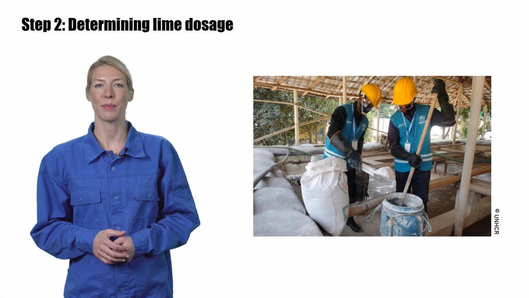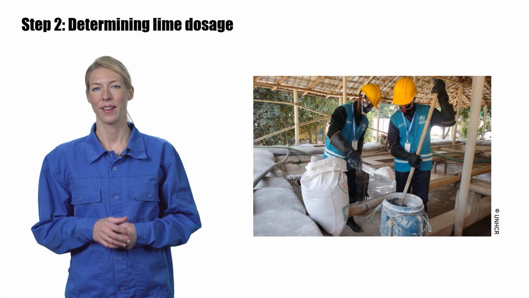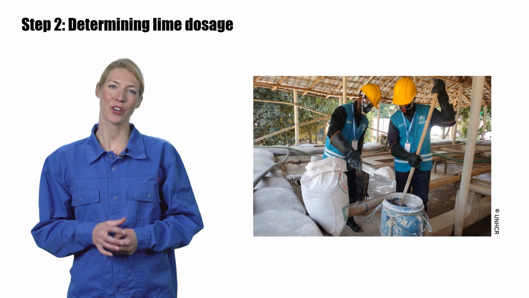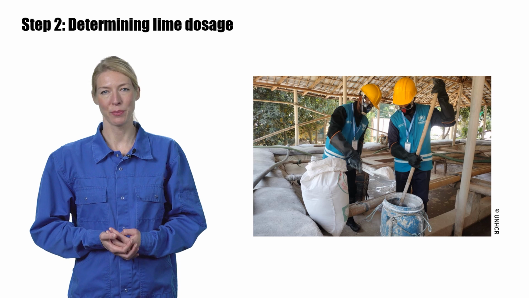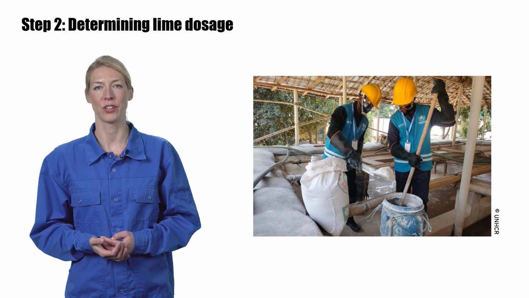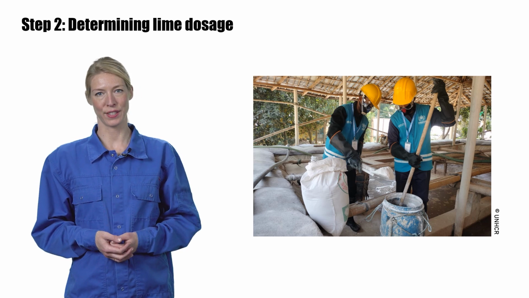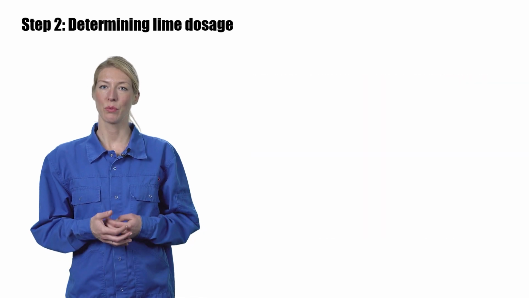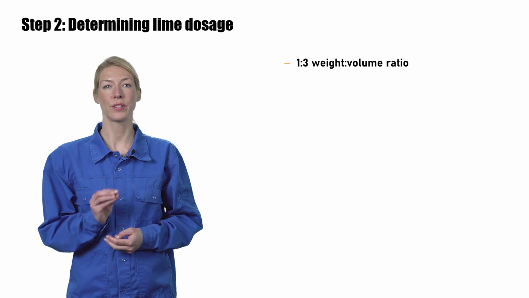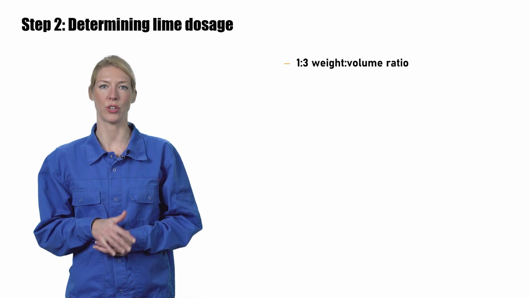First, you will need to make a lime slurry. A lime slurry is a mixture of water and hydrated lime. Making a slurry helps to better mix the lime through the sludge, which is essential for the success of the treatment. For lime slurry, we recommend to use a 1:3 weight per volume ratio.